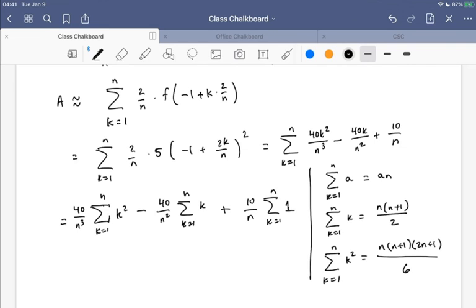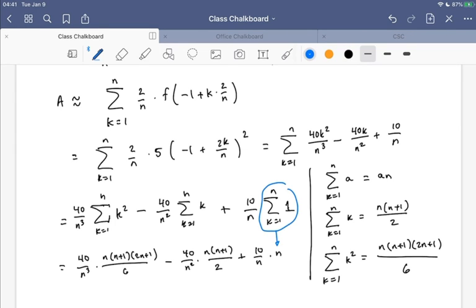All right, so once we have those three things, now we're pretty much ready to go because we can just replace each term with its corresponding answer. Okay, and in this case, since I pulled out the 10 over n, then this here is just the n.